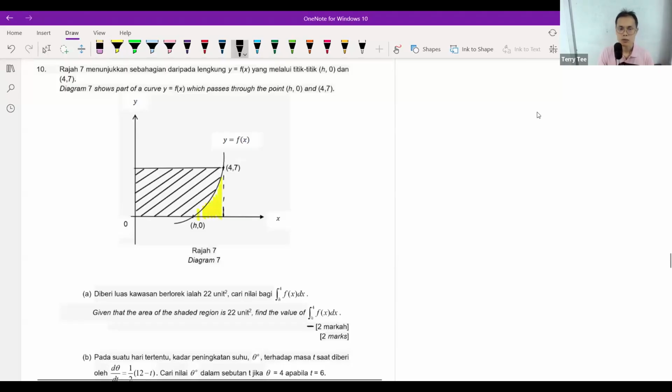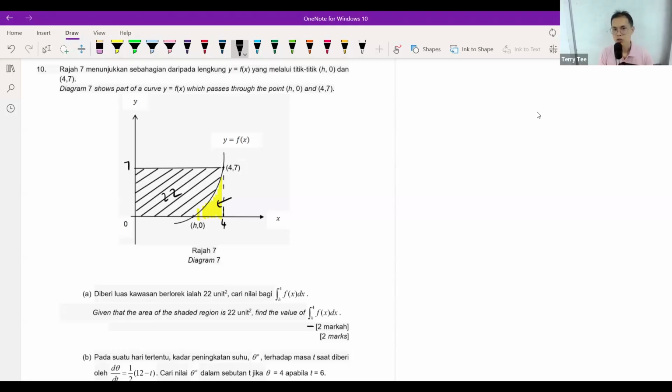Okay, so what we're gonna do is we're gonna use the area. This is 4, right? This is 7. We're gonna use area of rectangle minus area of shaded region to get your integration. This shaded region has area of 22 unit.